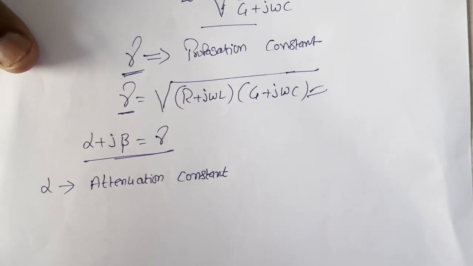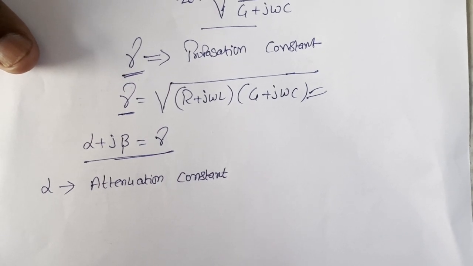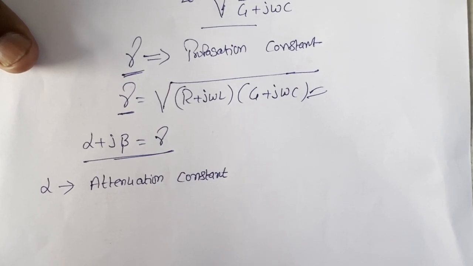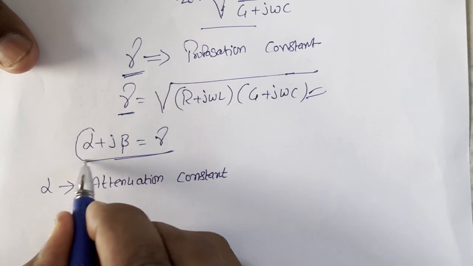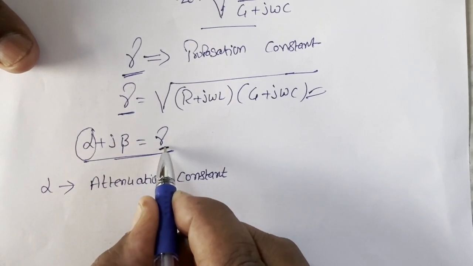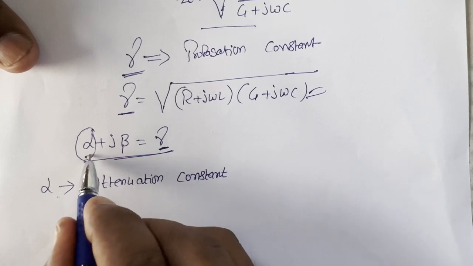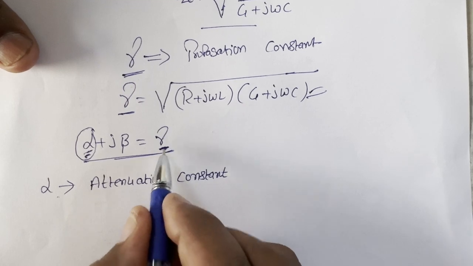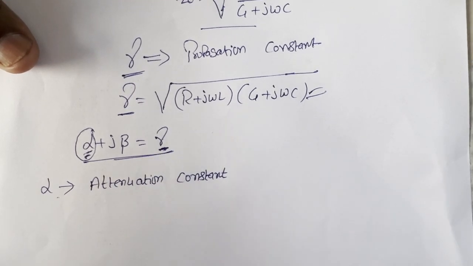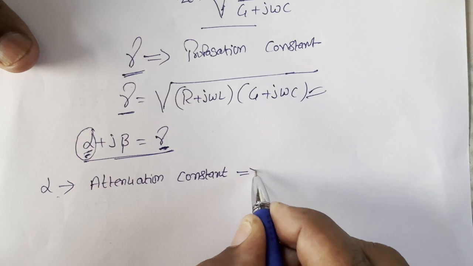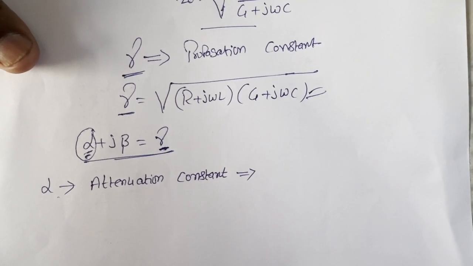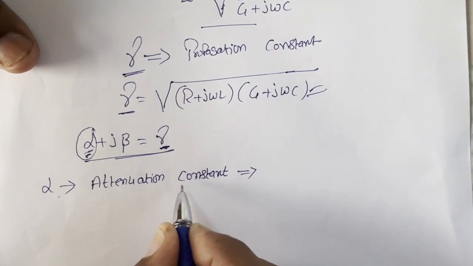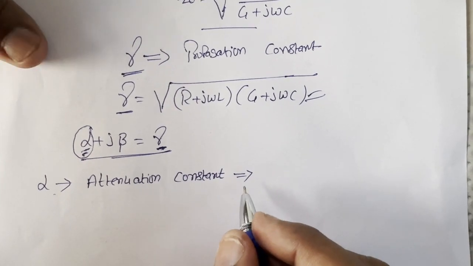Simply, this attenuation constant is the real part of the propagation constant gamma. At the same time, it describes how voltage and currents are reduced along the transmission line.